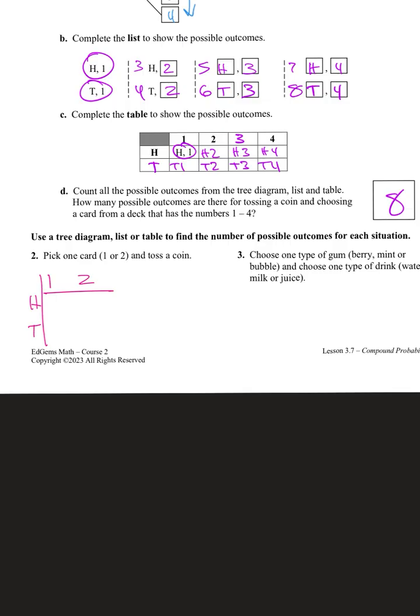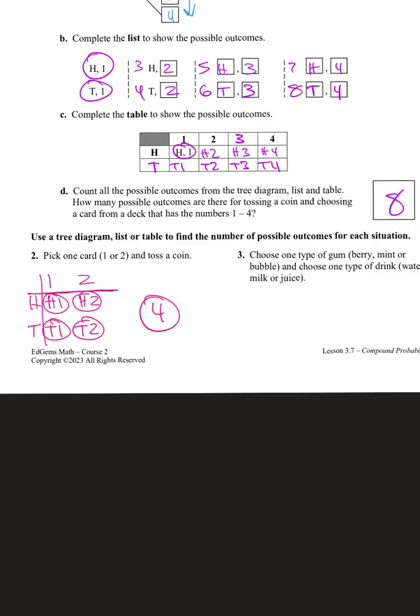So what are my possible outcomes? One possible outcome is heads 1 or heads 2. The other possible outcome is tails 1 or tails 2. And what I do is count how many possible outcomes there are on the inside of the table. In this case, there's 1, 2, 3, and 4. So there's 4 possible outcomes. All right, there we go.